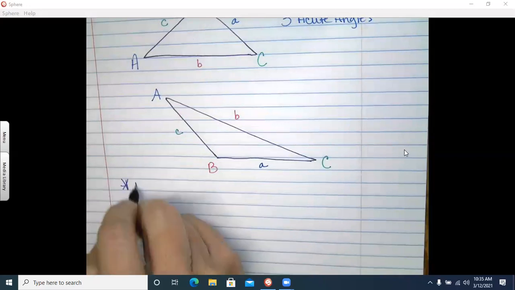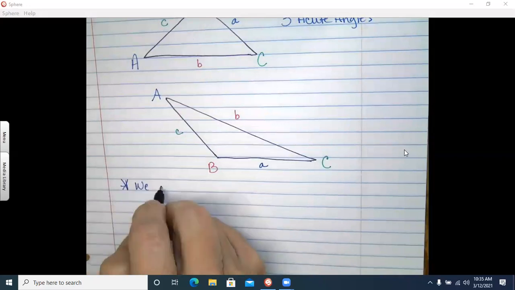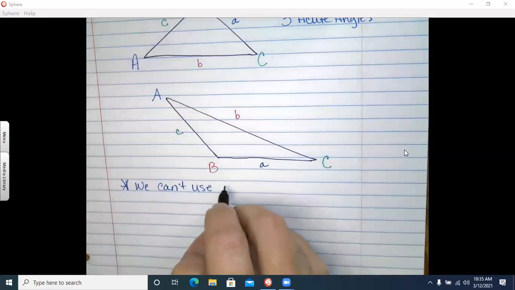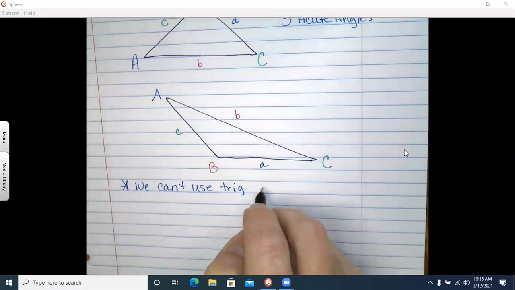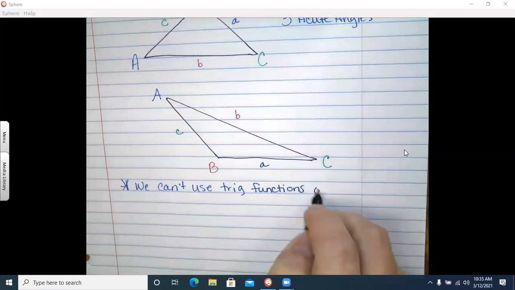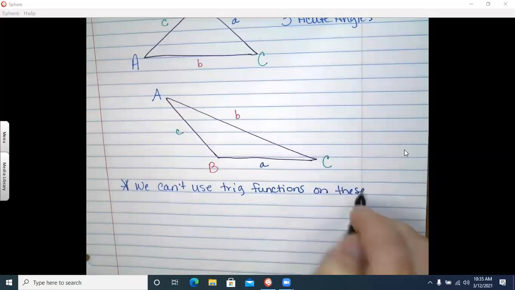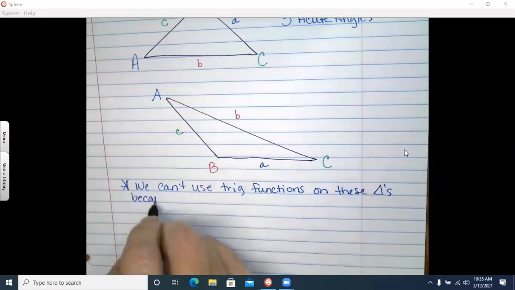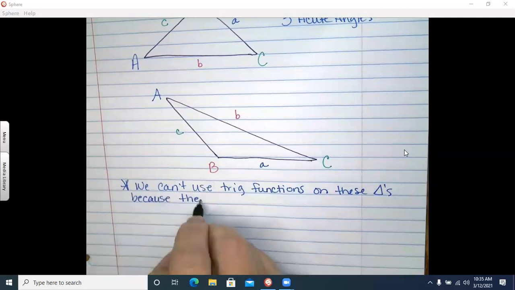We can't use trig functions on these triangles because there isn't a 90-degree angle.